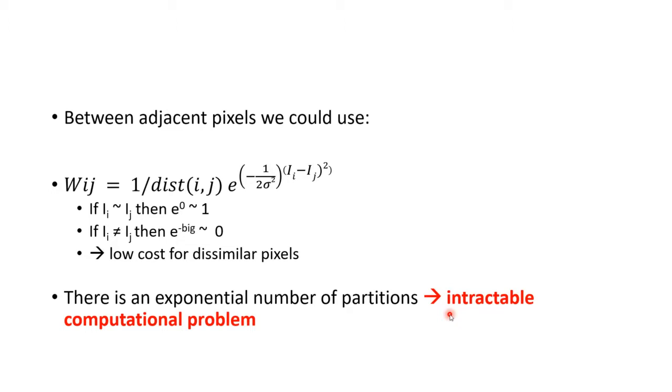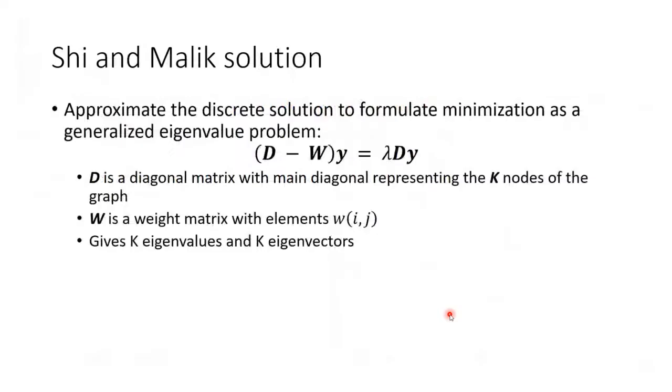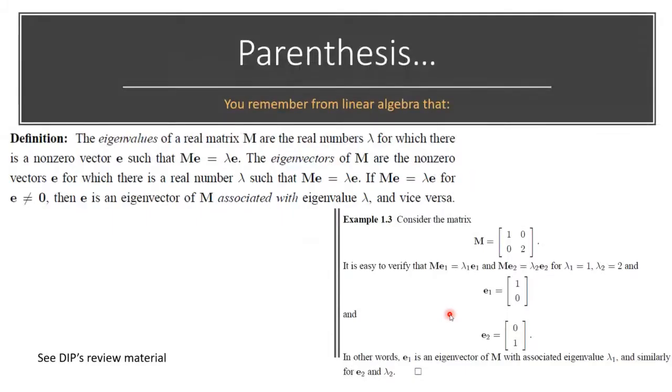So one of the solutions that's described in our book is the Shi and Malik solution. And the Shi and Malik solution uses something that we just mentioned in this topic, but we've never seen it applied, which is linear algebra.